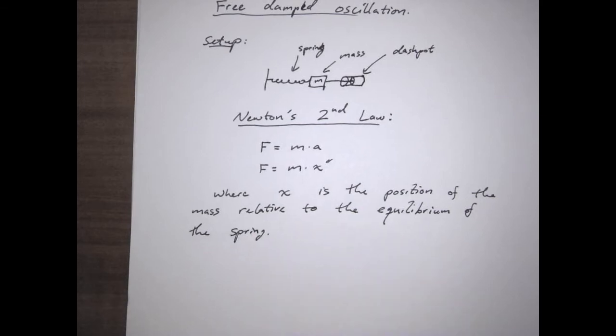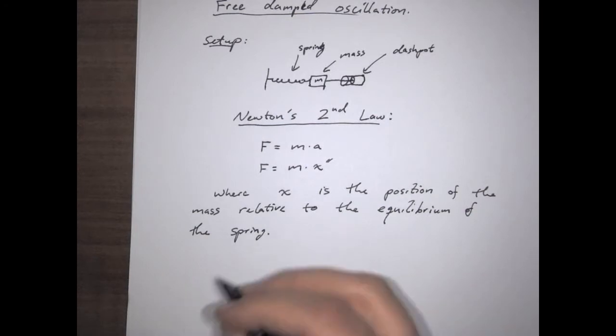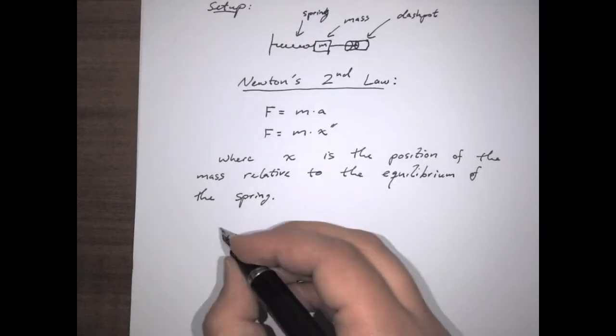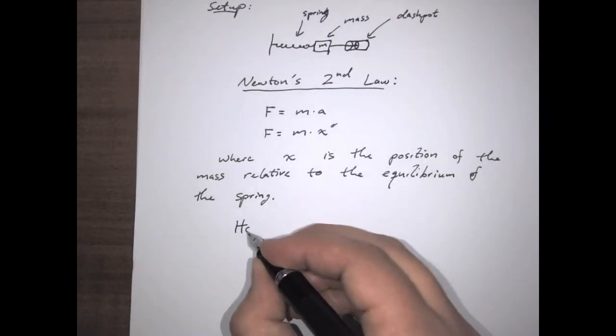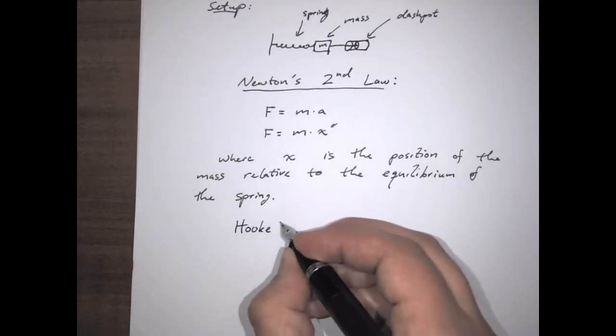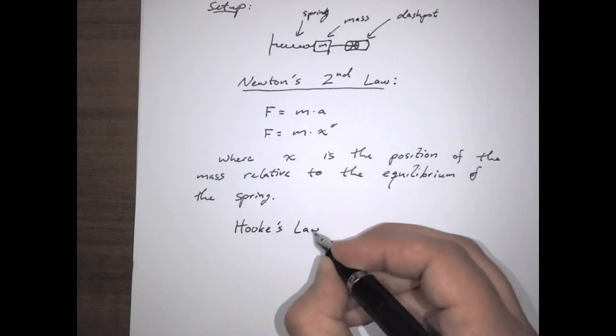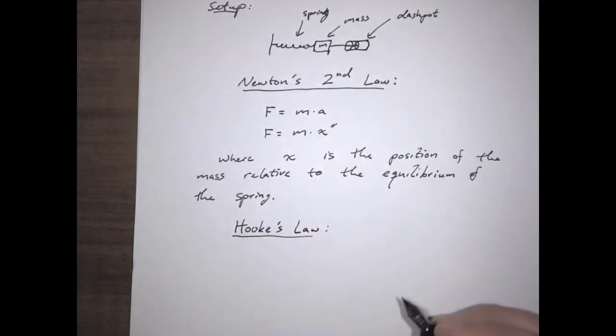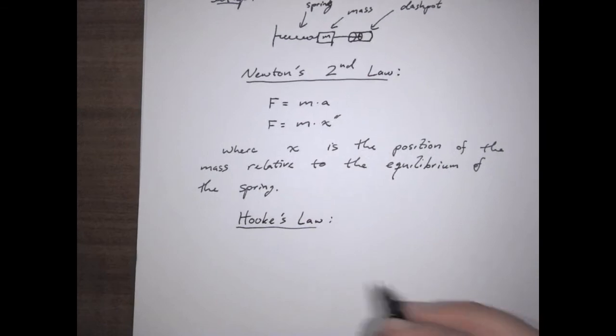So every spring has a natural length that it wants to be, and if you were to squeeze it in or stretch it out, it will bounce back and forth. Okay, now then we also have Hooke's law, which relates specifically to springs.